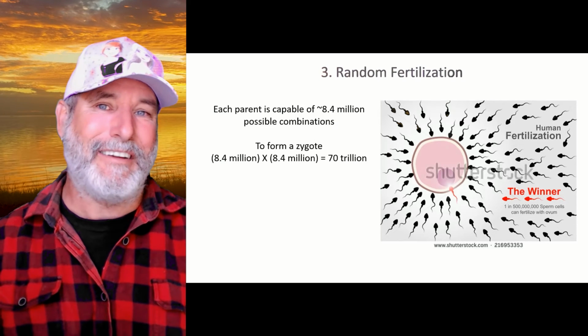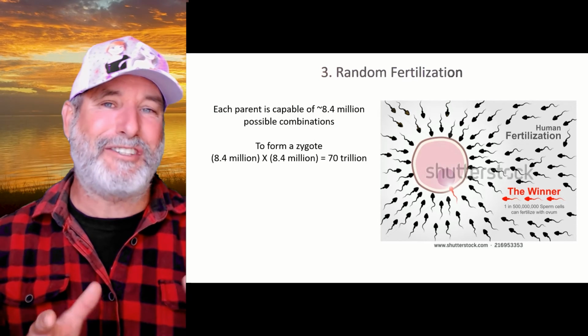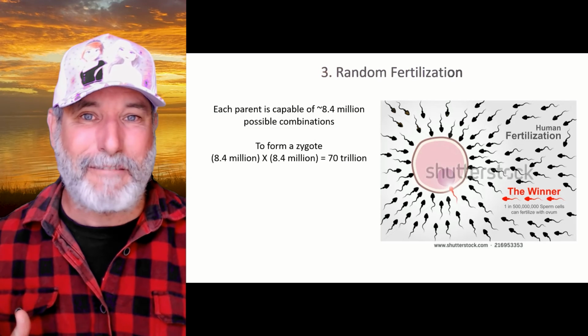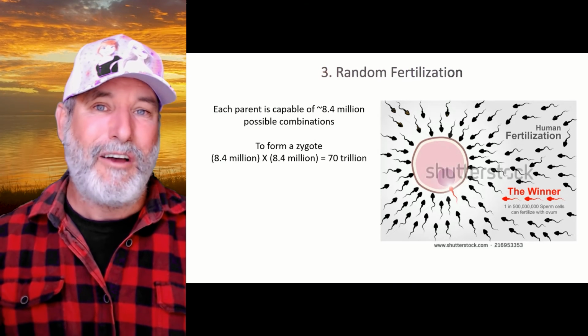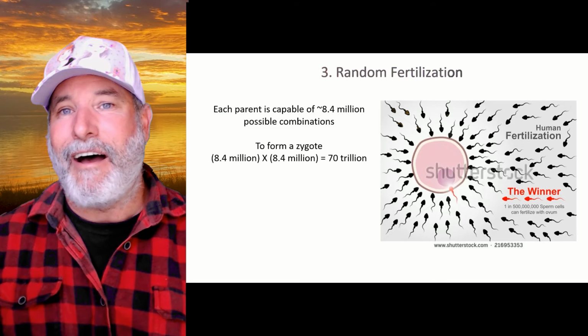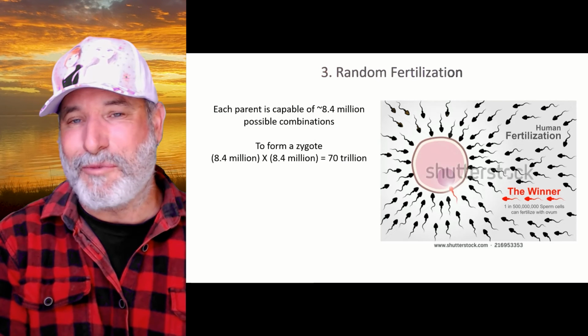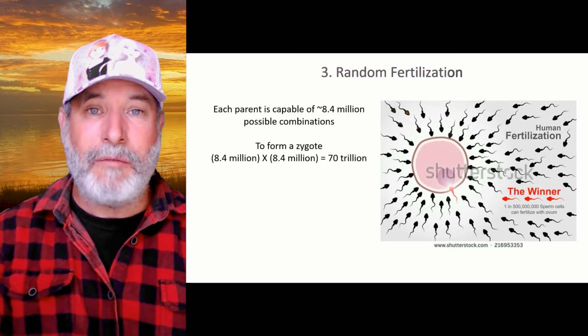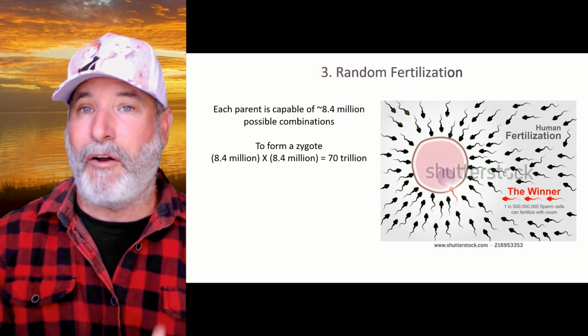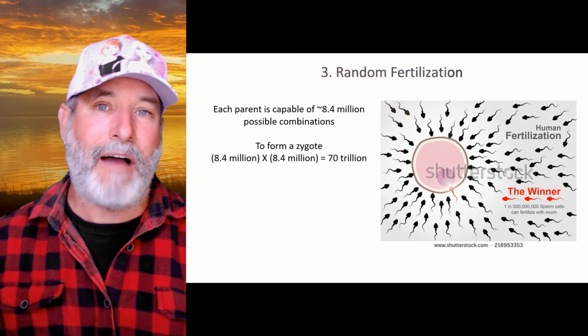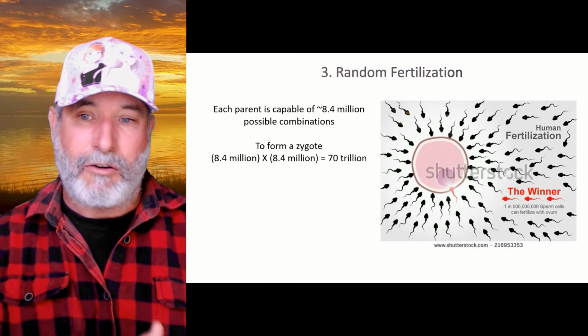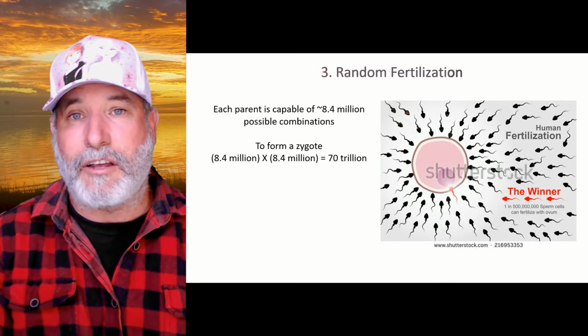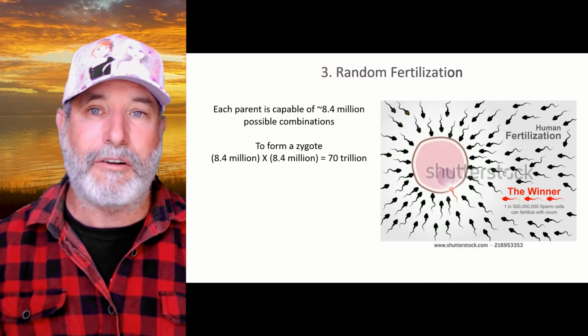What that would mean is that you would have to have like 70 trillion offspring before you had 2 with the same combination of maternal and paternal chromosomes in them. Wild, isn't it? Not going to happen. But sometimes you might see siblings that look very, very similar, and they may have a similar complement of chromosomes, and also they're all getting the same dominant one, so they would look similar.